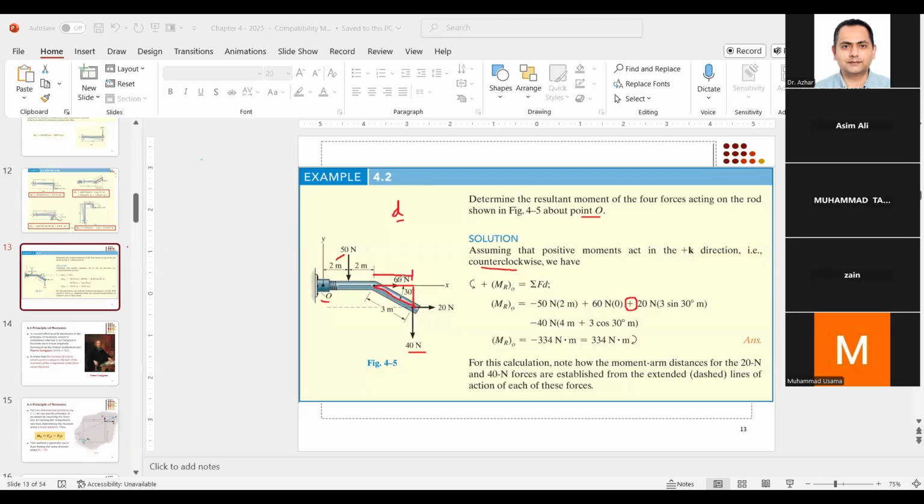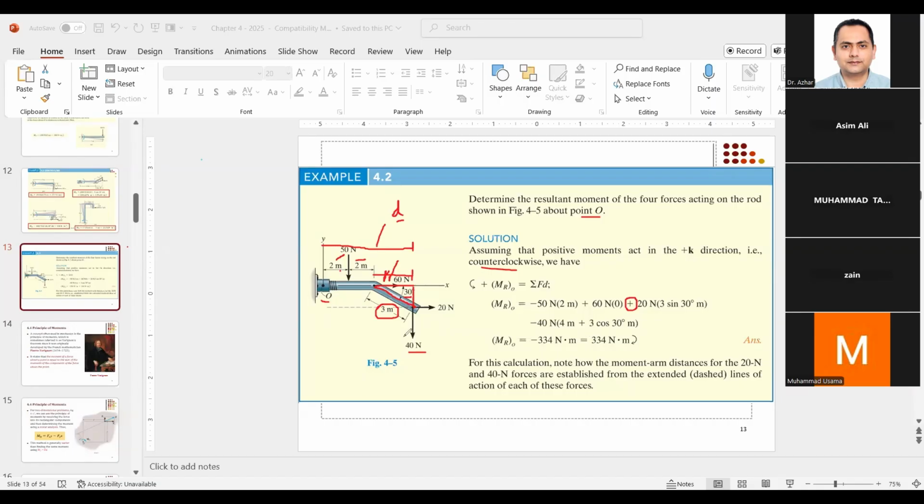On this triangle, if I simply do 3 meter into cosine of 30 degree, then I will get this distance. So my total moment arm will be equal to 2 meter plus 2 meter plus this distance, which is 3 cosine of 30 degree.